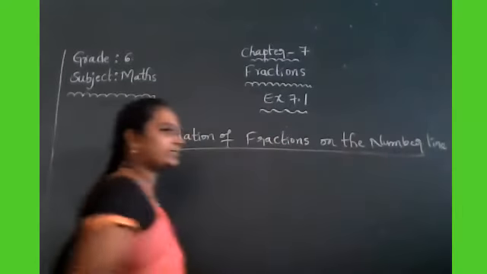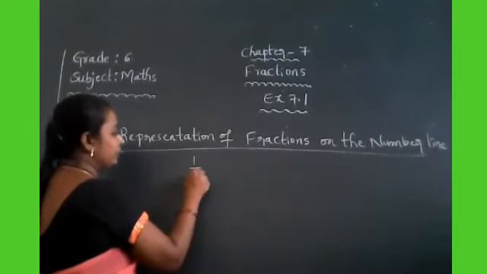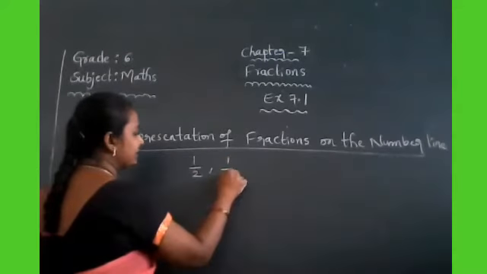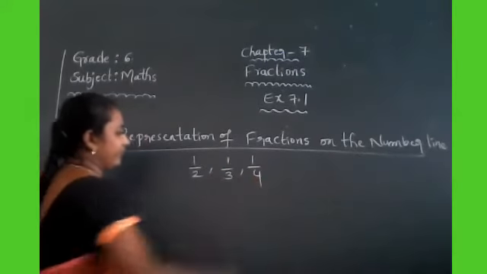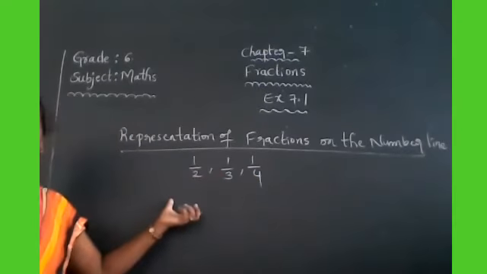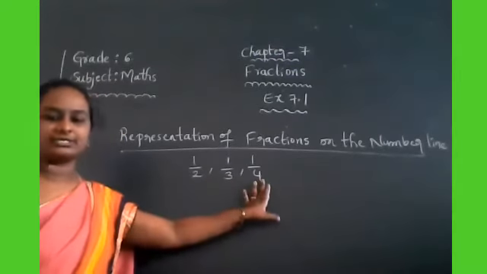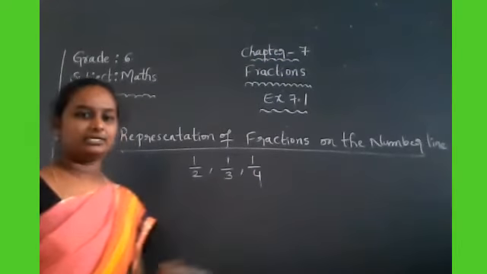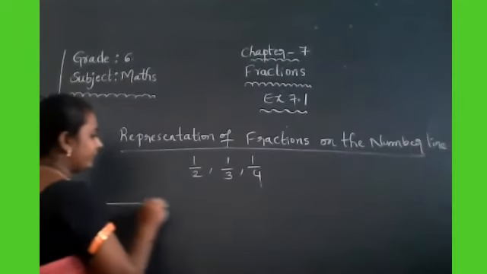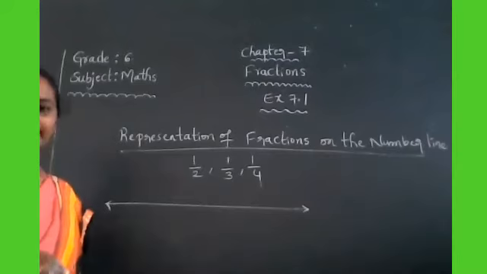So fractions. So how to represent 1 by 2, 1 by 3, 1 by 4? Are these fractions? Yes, these all are fractions. How to represent these three fractions on the number line? So first of all, you have to draw a line.